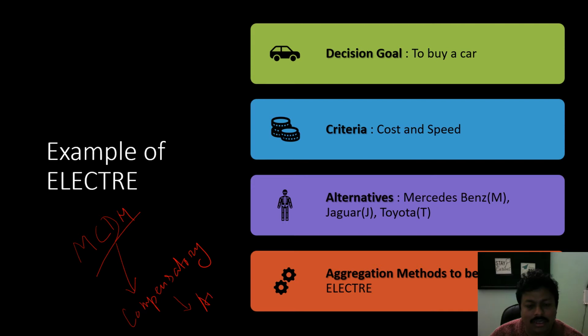Examples are AHP, ANP, then WSM, WPM, etc. In case of compensatory methods, the decision is made based on a value, which is also known as the weightage of importance.